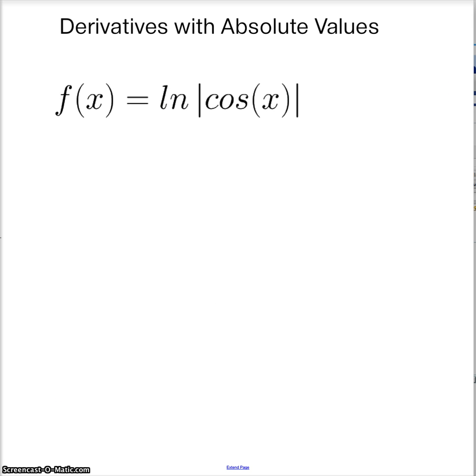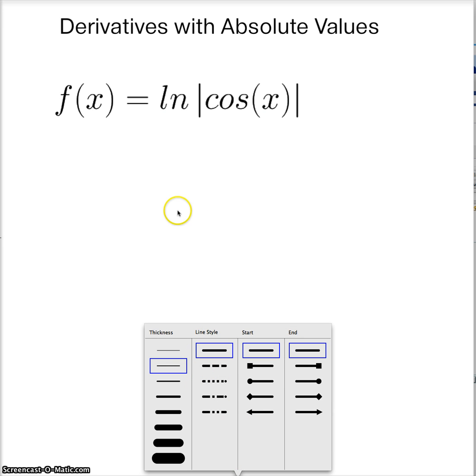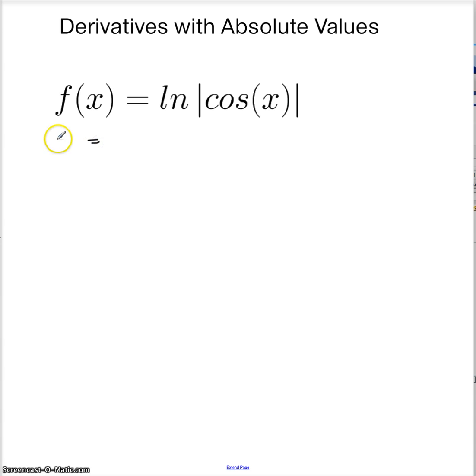Now, let's do a couple where we have an absolute value sign stuck in there. In this case, we're going to let u equal cosine of x. u prime is minus sine of x. So f prime of x is u prime over u.